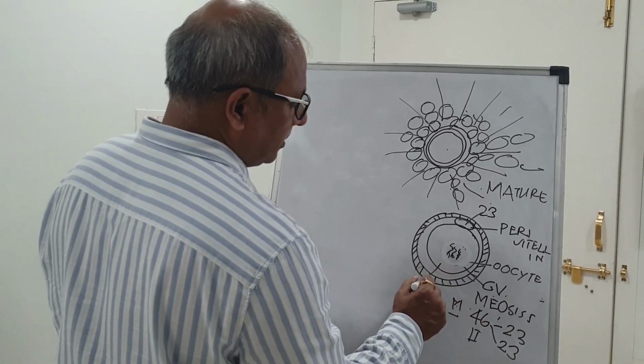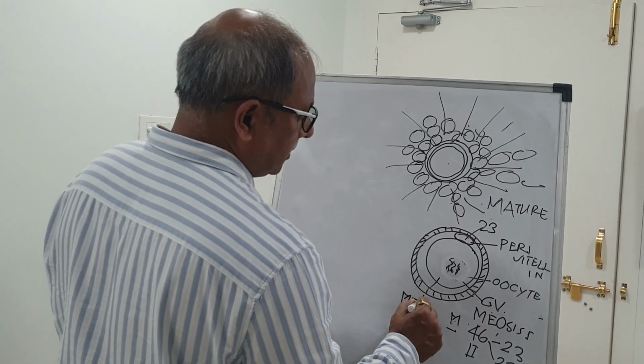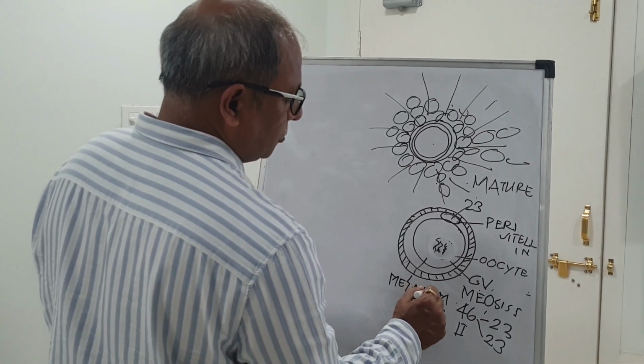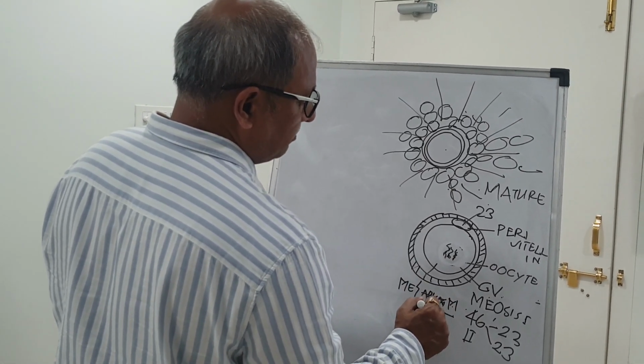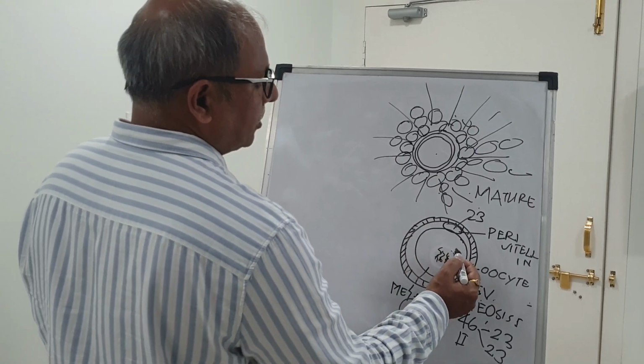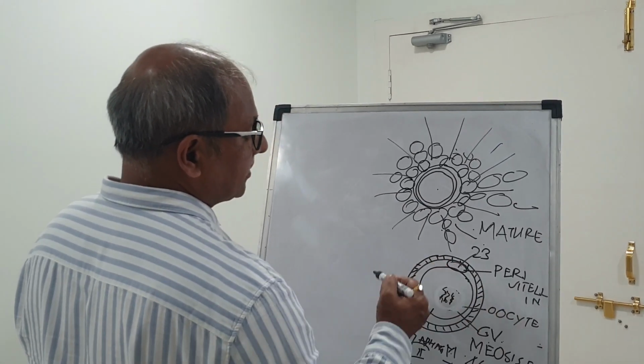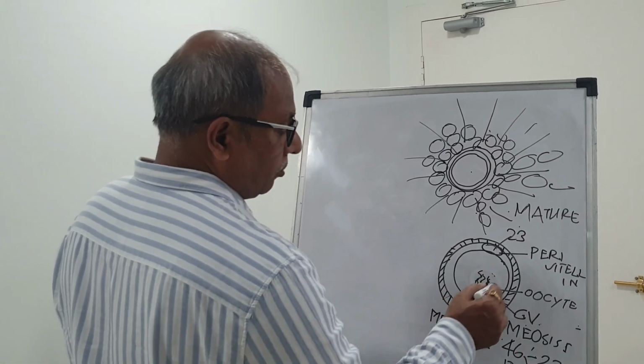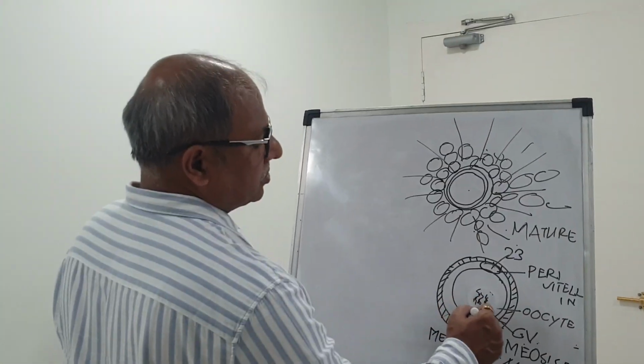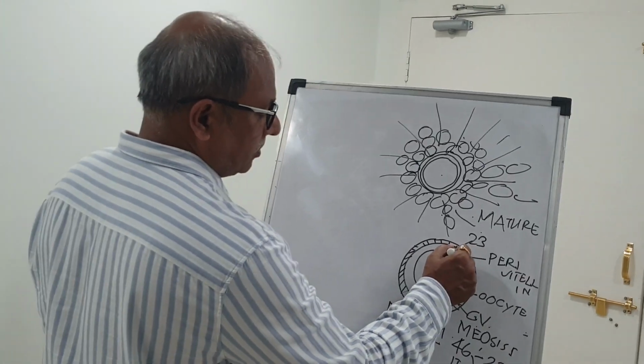So it is called metaphase 2, or M2. This is the oocyte which normally the follicle releases in natural fertilization. If it is there, then there is a good oocyte which is polarized with a polar body.